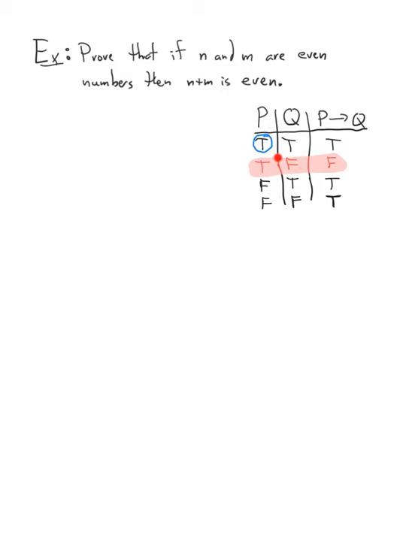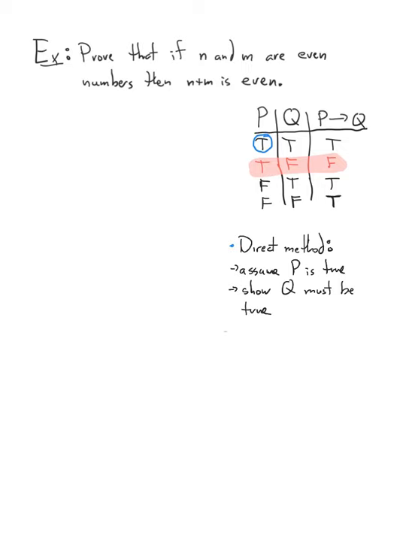So we need that Q must be true as well. So our first method is the direct method. You're going to assume that P is true, and we're going to show that Q must be true. So that's the direct method.